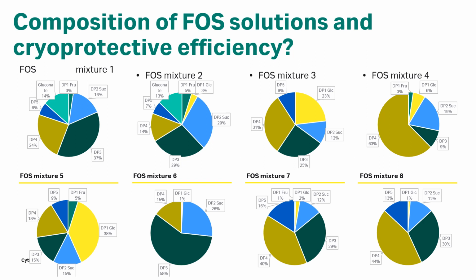As we move from phos mixture 3 through to phos mixture 8, we are essentially removing the smaller molecules, the independent fructose and glucose molecules, and enriching the trains of 3 to 5 base sugars in the mixtures. As we move to phos mixture 8 on the bottom right of the screen, we see that we are heavily enriched in DP4.